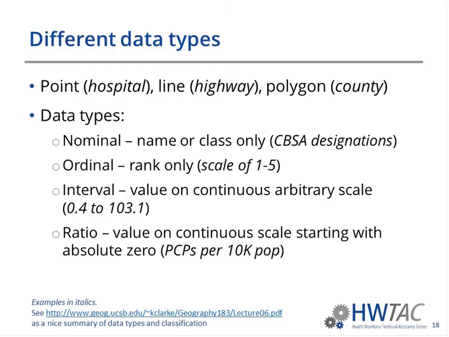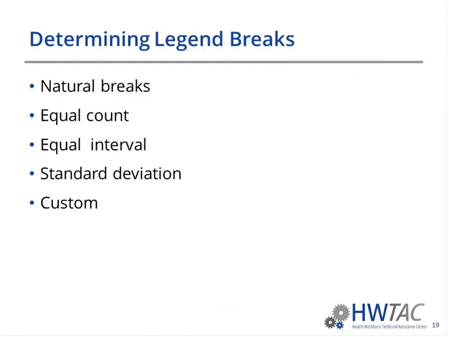All right. There are different ways to break up your legend. There are natural breaks, which have categories based on breaks in your data distribution. Some software packages do this in different ways, so sometimes it's kind of hard to explain to people how you do this. There is equal count, where you have an equal number of observations in each legend category.